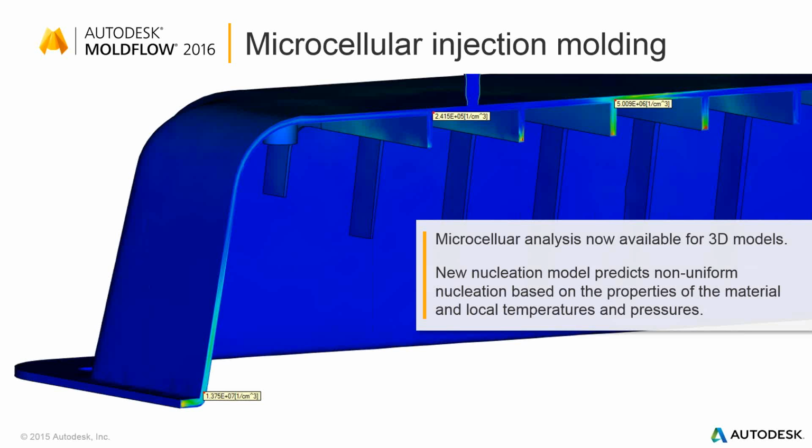A lot of the parts being produced with MuCell technology are at the moment still conventional thin wall parts, but there is scope for changing designs to be more MuCell friendly and, say, gate in thin areas, which is typically a big no-no in typical injection molding. But like I said, this is still an area that we're going to add some more functionality to in the foreseeable future.